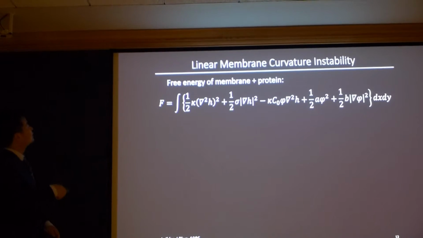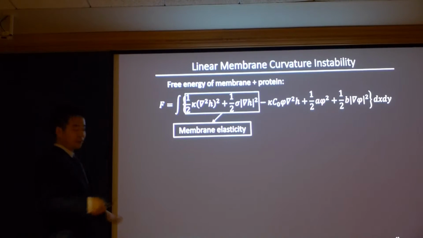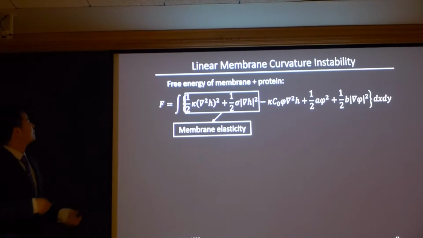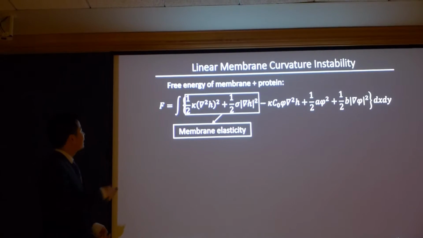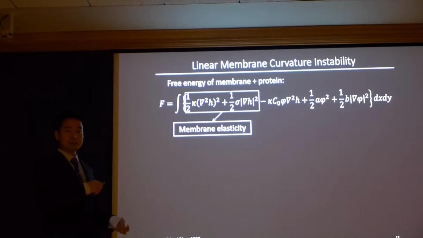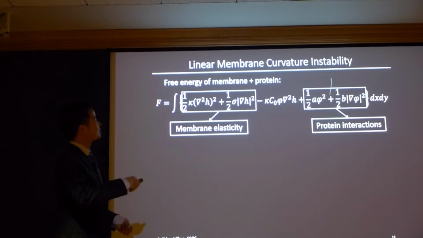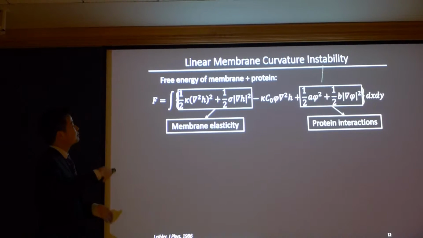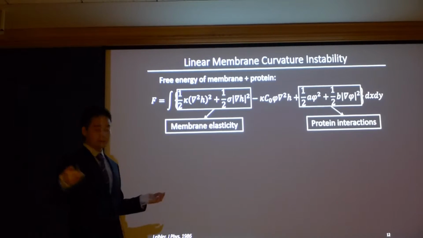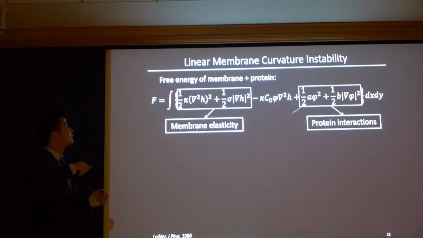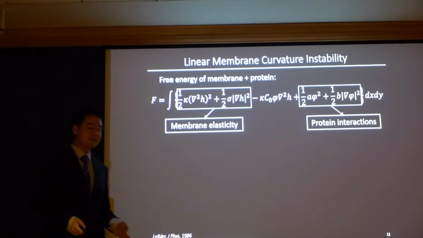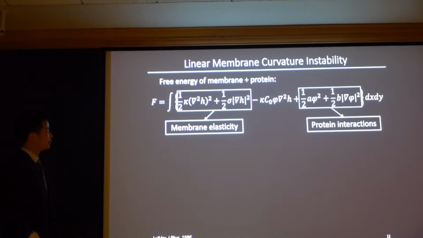The first part of this equation talks about the elasticity of the membrane, with kappa representing membrane bending rigidity and sigma representing membrane tension. The last part of the equation talks about the interaction between proteins on the membrane. The A term is the energy of having a protein density of phi, and the B term is the energy penalty for having an inhomogeneous protein distribution.